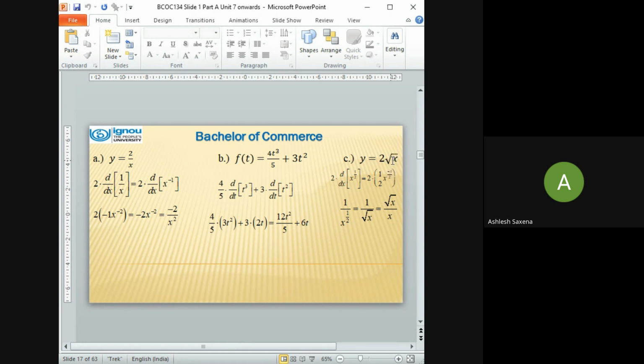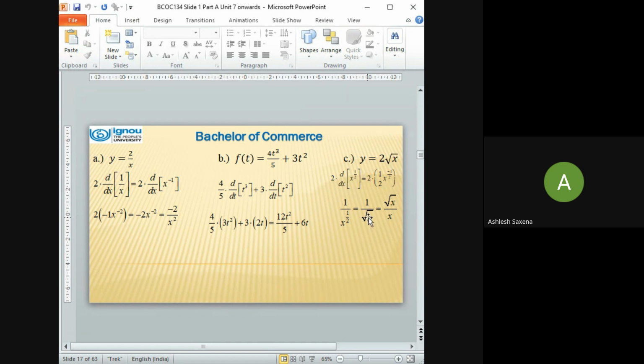Here you can see that y is equal to 2 under root x. So under root of x means x raised to the power 1 by 2. It is in the form of x raised to the power n. So that is what we do. We bring this power in front and reduce the power by 1.